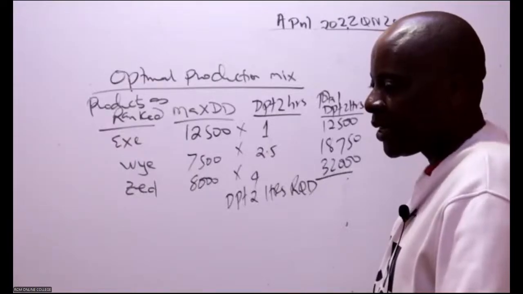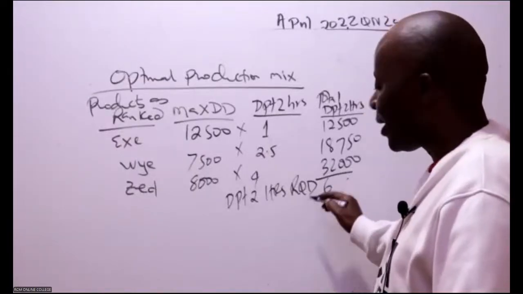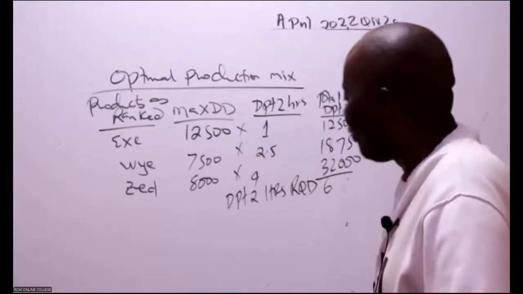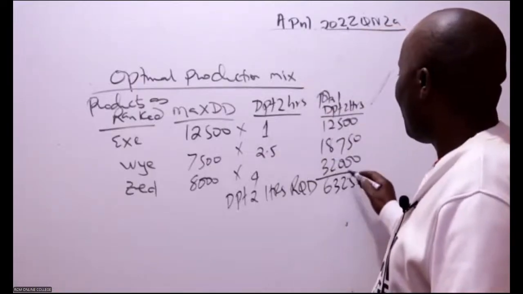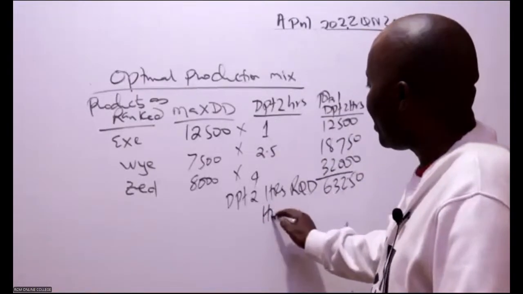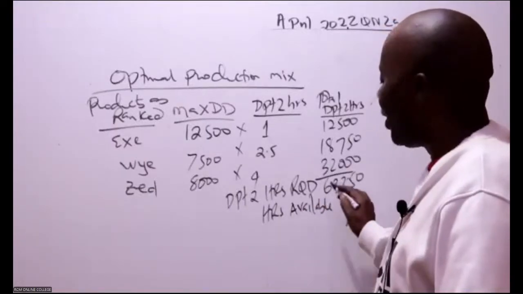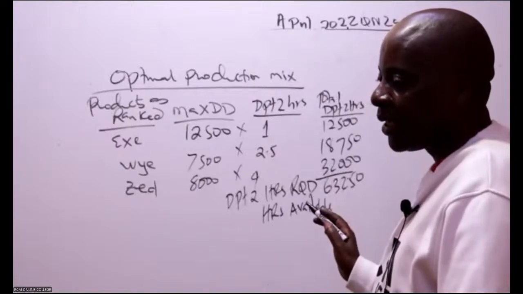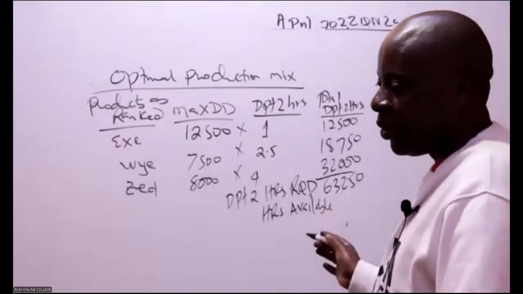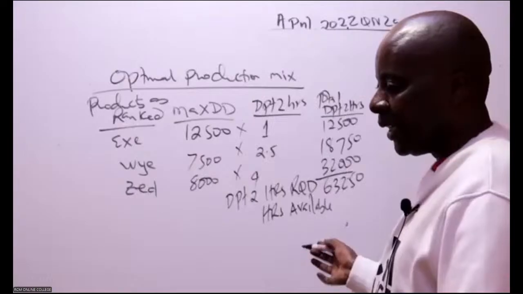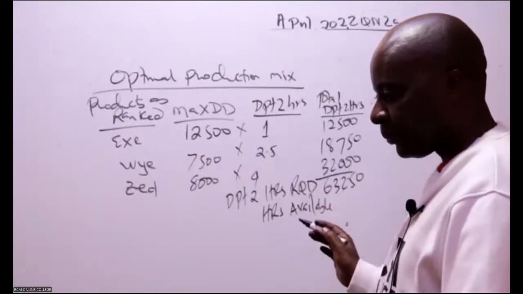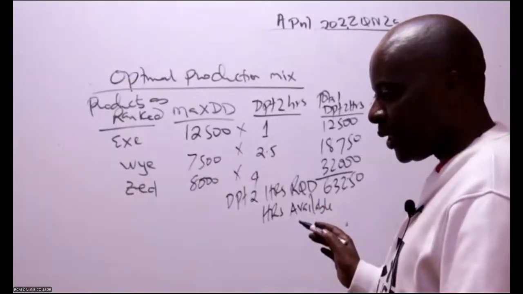Hours required, I'm being told there are 63,250 hours in this case here, available. You had given me a figure, nothing changes. Hours available, nothing is changing there. The current hours, 46,500.